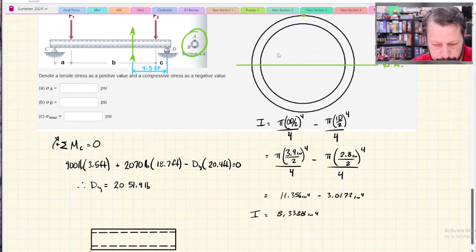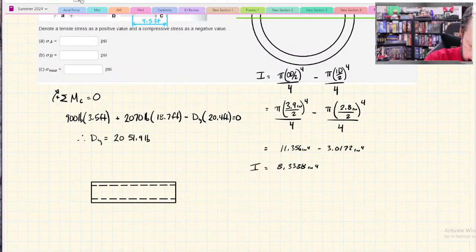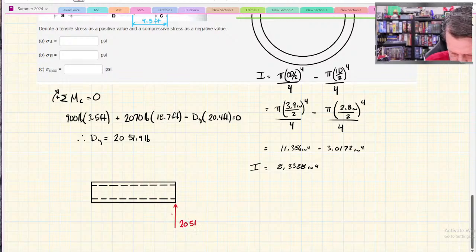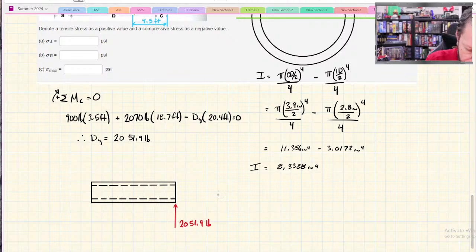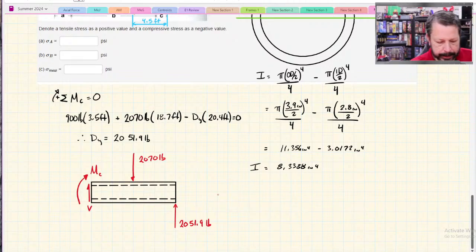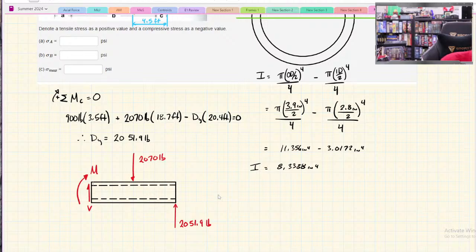We've got our support reaction at D right here, and it's 2051.9 pounds apparently. We've got F2, which is 2070 pounds, maybe right here. I've got my internal shear, which I don't really need, and my internal bending moment, which is what I'm trying to solve for. The moment at, oh, no, not at C, at section AA. There we go.